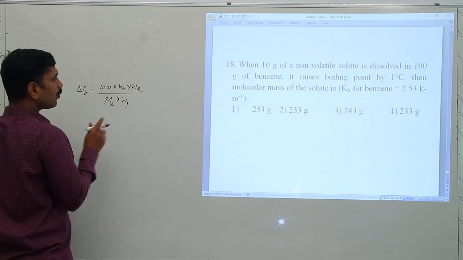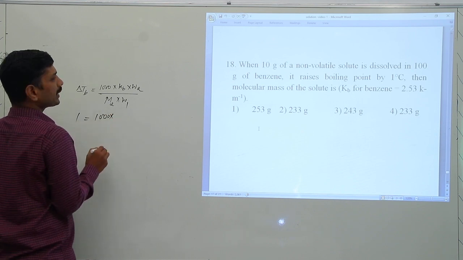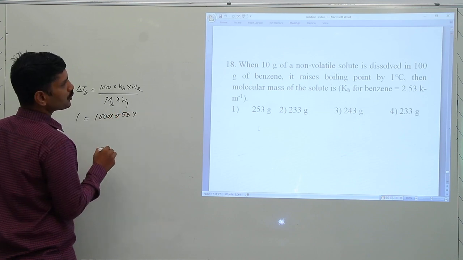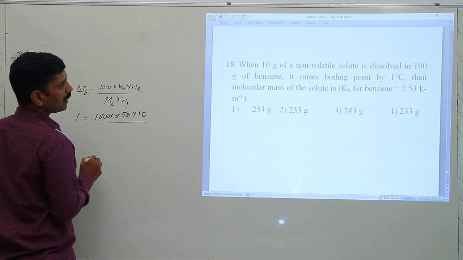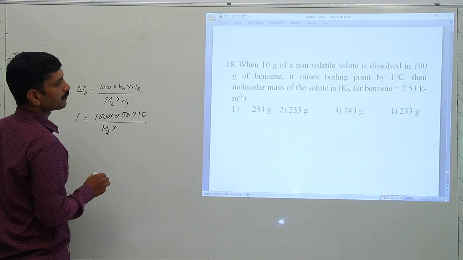The rise in the boiling point is 1, 1000 into Kb 2.53, weight of the solute 10 divided by the molecular mass of the solute. You have to find out the weight of the solvent.